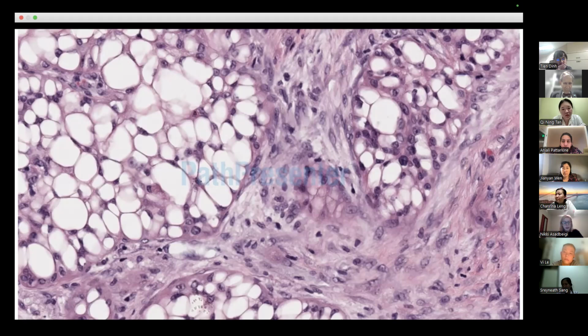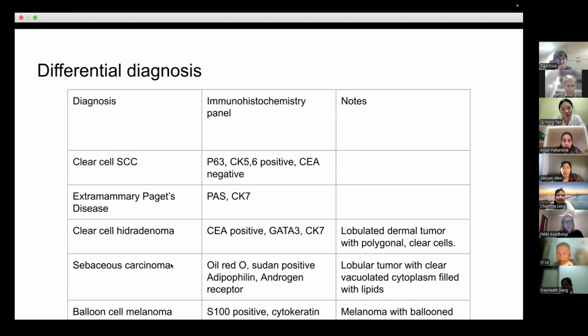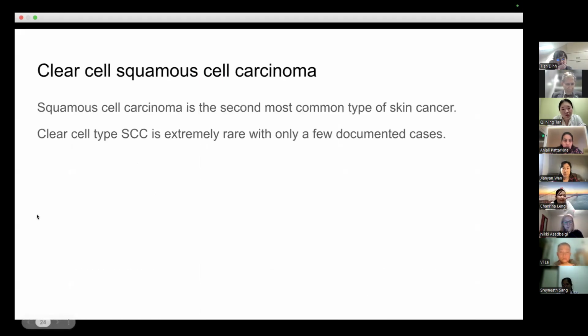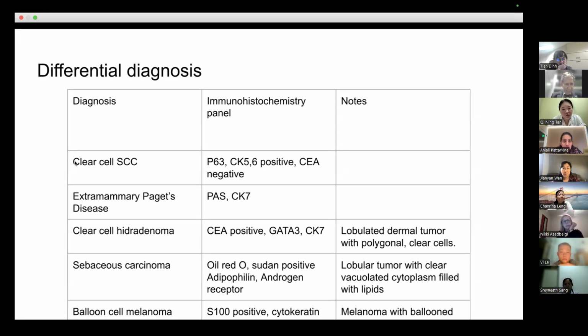All of these are very good thoughts. There are a couple of other differential diagnoses, and Angela, you can go to the differential diagnosis, the full list. Sorry. So one of the differentials is clear cell squamous cell carcinoma. It could be extramammary Paget's disease, clear cell hidradenoma, sebaceous carcinoma, or it could be a balloon cell melanoma.